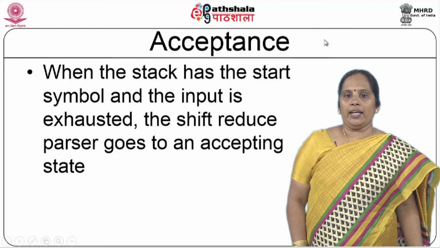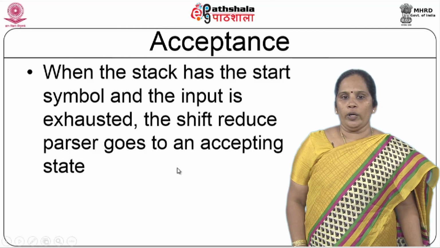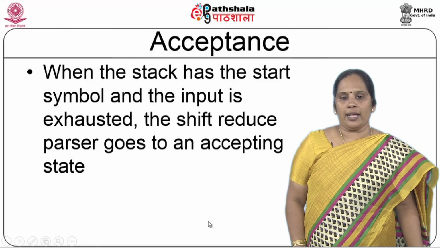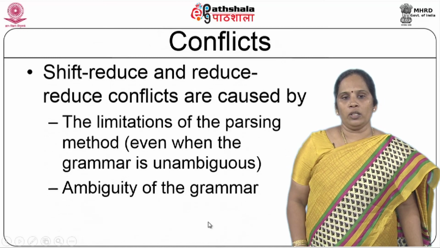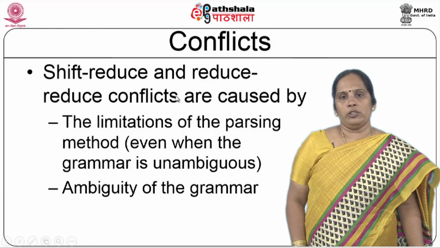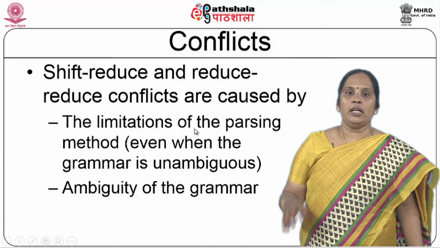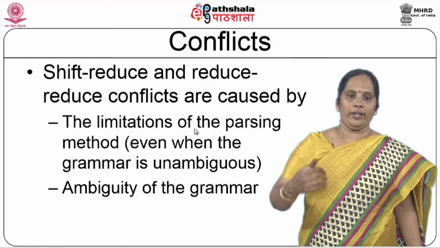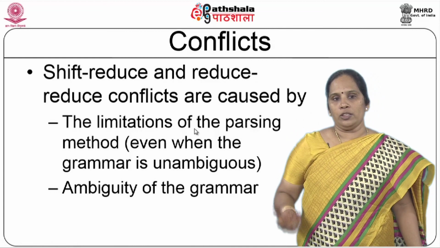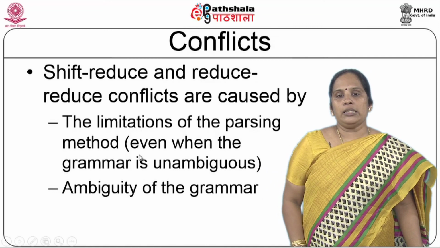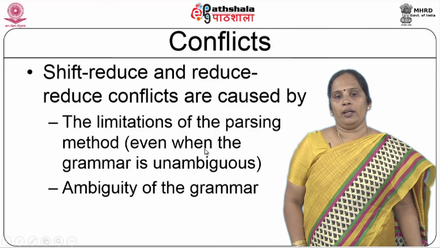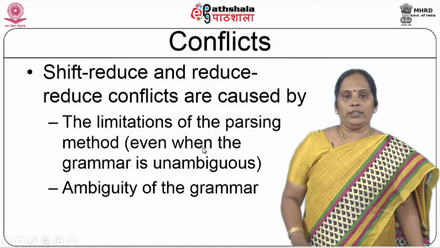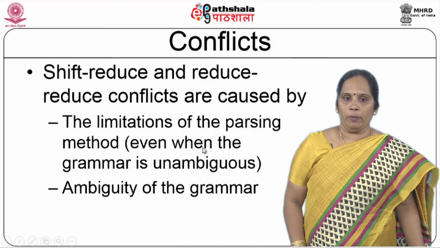Acceptance is when the stack has the start symbol and the input is over. There is also a reduce reduce conflict, where you could reduce by production 1 or production 2. These conflicts arise because of the ambiguity in the grammar and the limitations of this simple bottom up parser.